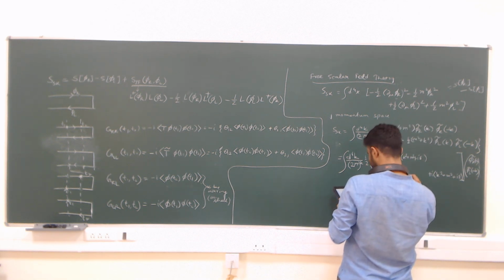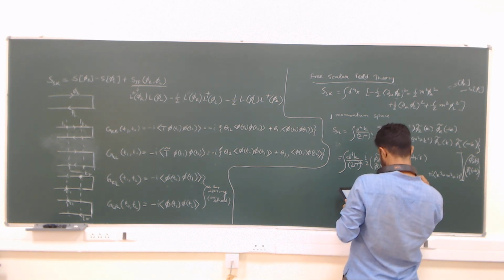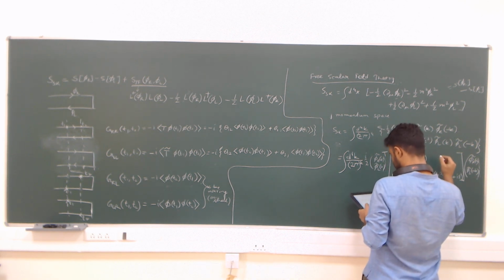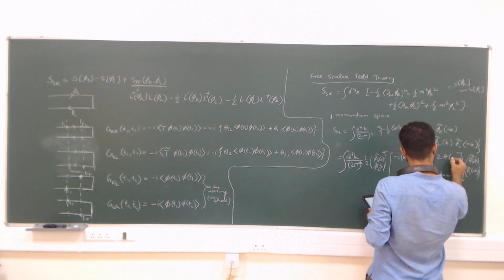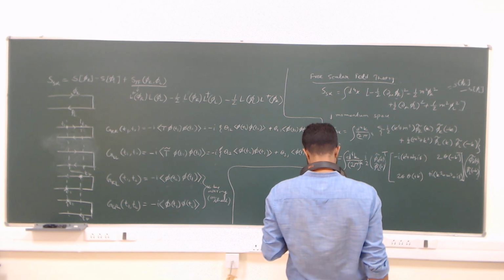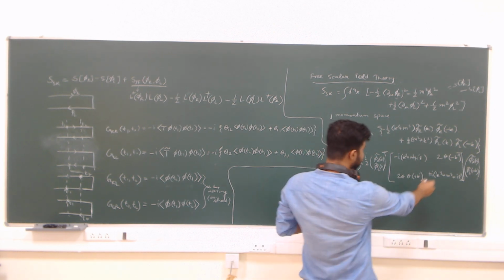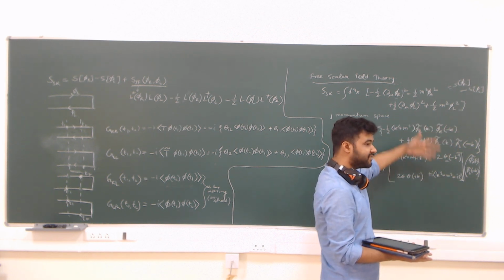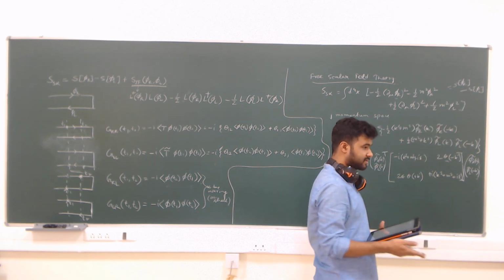And this, as we already said, has theta functions here, and simply these theta functions you can already see from here. When you take the inverse, we will get the delta functions.